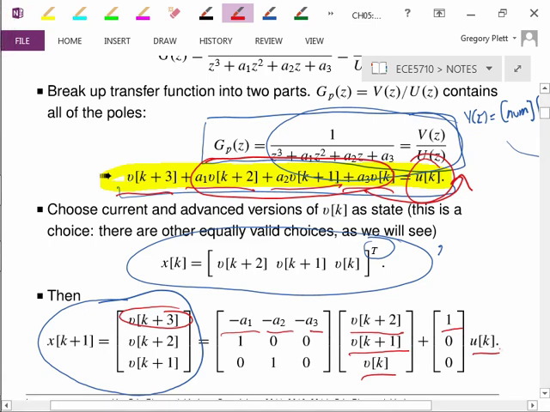Then in my form, because of the way the form works, I have to figure out equations for vk plus 2 and vk plus 1 in terms of the prior state vector and input. And these are almost placeholder equations because you see that vk plus 2 is 1 times vk plus 2, vk plus 1 is 1 times vk plus 1, both of them 0 times uk.